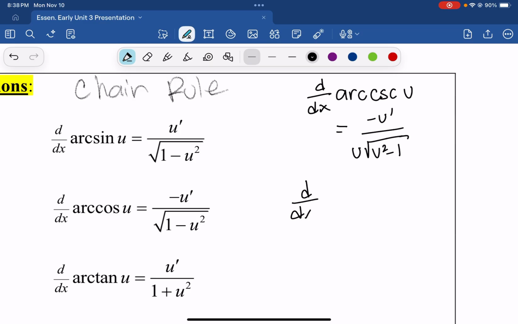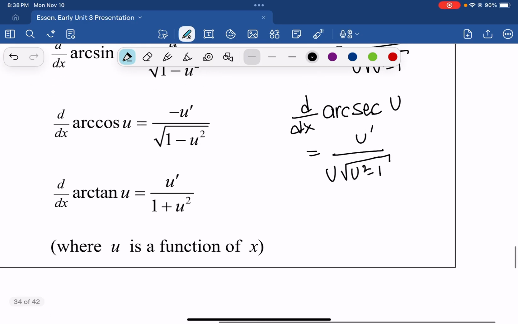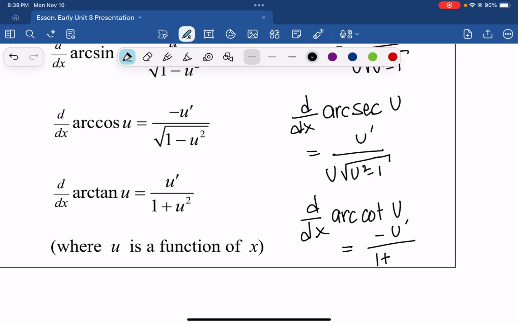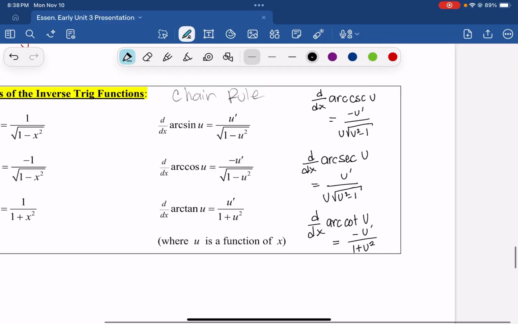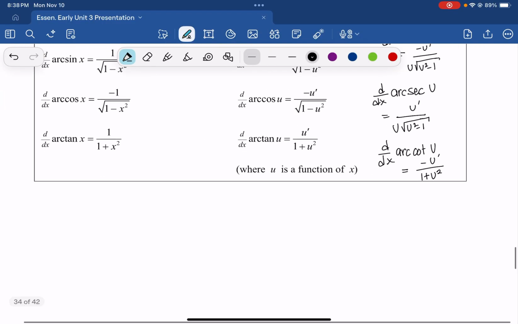Okay, d/dx of arcsecant of u is equal to u prime over u square root of u squared minus 1. Okay. And then last, d/dx of arccotangent of u is equal to negative u prime over 1 plus u squared. Okay, so those may come in handy down the road.